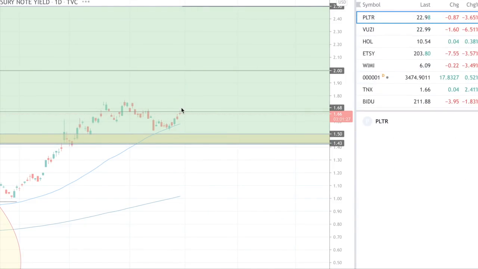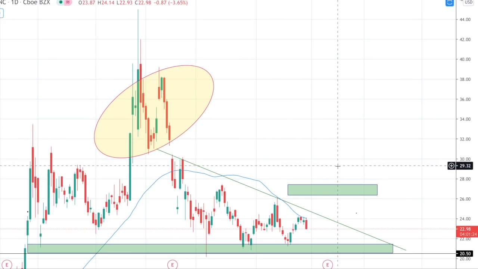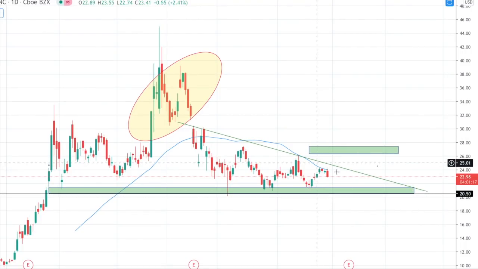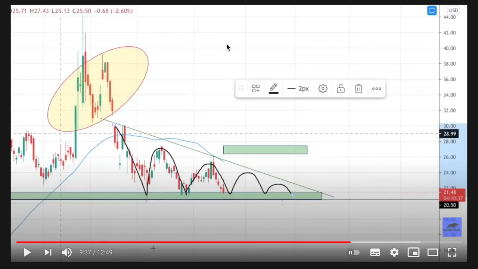Anyway, when it comes to Palantir, what we have seen since the previous video that I did on the 20th of April is a bounce back, right? Very similar to this one that I put on the graph.